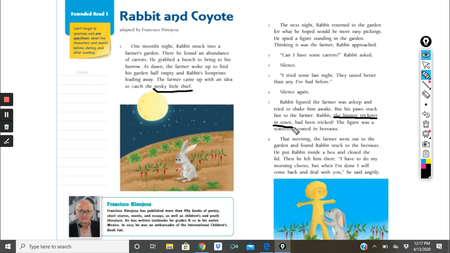So in paragraphs 1 through 7, if someone's being called the biggest trickster in town, that's proving again that that person is maybe not trustworthy and someone who's not very nice, right? So right away, I'm able to understand what the narrator's view is of the Rabbit.